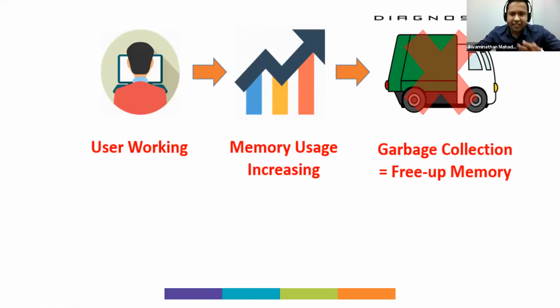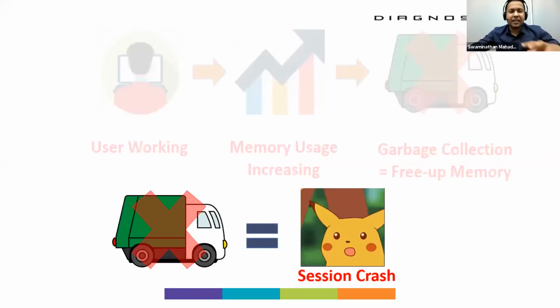Garbage collection is meant to free up the memory so that any new processes that the user triggers have space to execute the functions they are configured to execute. In the absence of garbage collection, or if the garbage collection is slow or fails, the whole session crashes, because eventually the memory is going to hit the maximum capacity, and then the system crashes without warning.